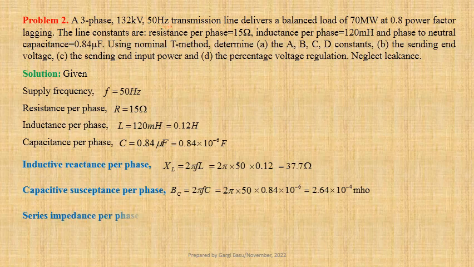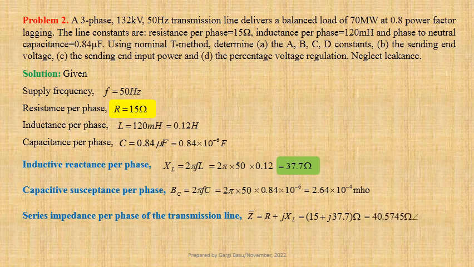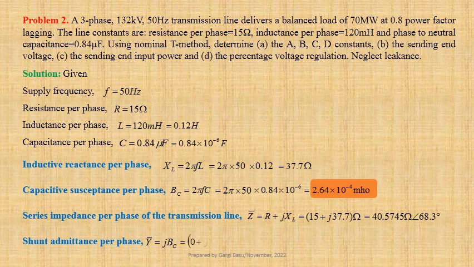Series impedance per phase of the transmission line Z equals R plus jXL, that is equal to 15 plus j times 37.7 ohm. This may be written in polar form as 40.5745 ohm at an angle 68.3 degree, and shunt admittance per phase Y equals j times Bc, that is equal to 0 plus j times 2.64 into 10 to the power minus 4 mho.